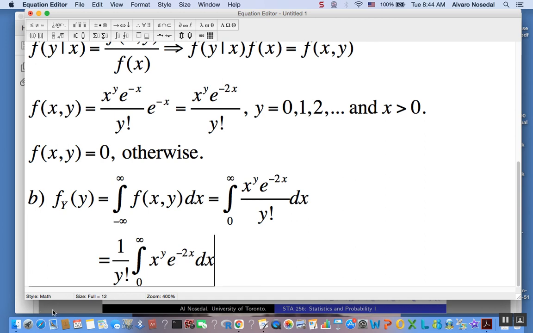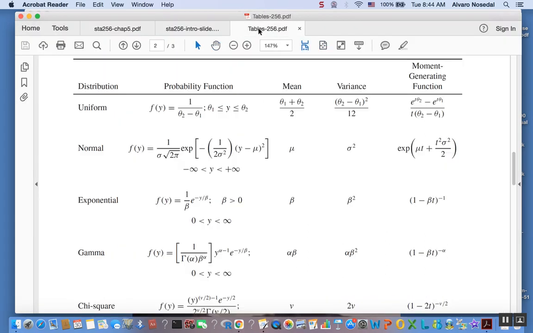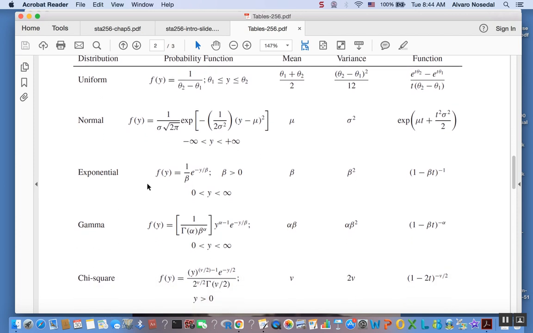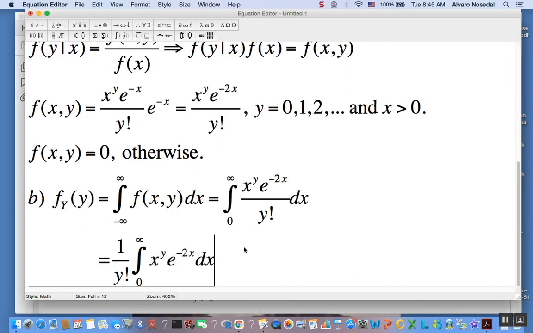So let me refer to that table again. Then we go, oh, yeah, that guy looks like a gamma random variable. That's a PDF of a gamma, right? So I need the variable to the something minus 1 e to the negative variable divided by something, and those two guys, alpha and beta, are the parameters of a gamma distribution. So this one done.